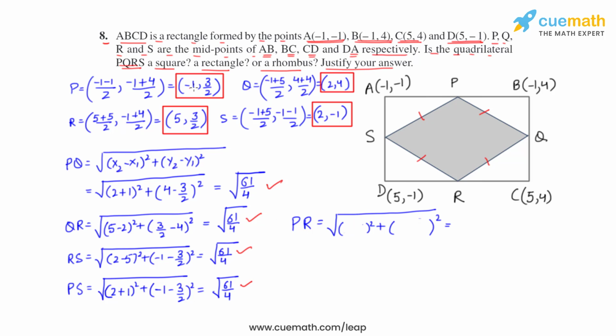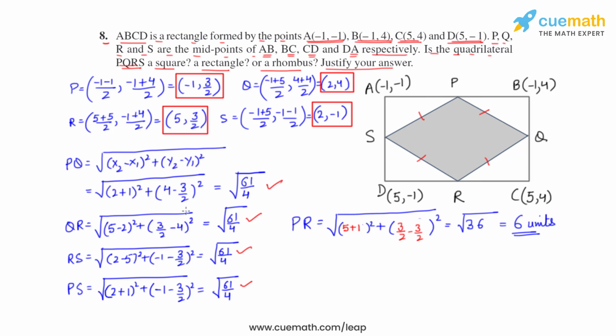P is (-1, 3/2) and R is (5, 3/2). So (5 minus -1), that is (5 plus 1) whole square, and (3/2 minus 3/2). So 5 plus 1 is 6, 6 square is 36, and 3/2 minus 3/2 is 0, 0 square is 0. So the square root of 36 is 6 units. So we get PR as 6 units.